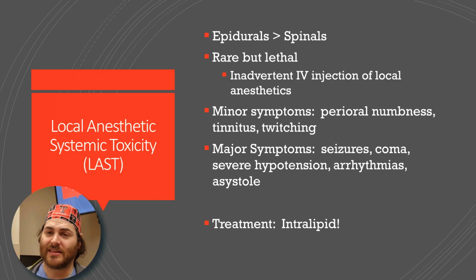So if I inject that test dose and a patient immediately says they have numbness in their lips, a metallic taste in their mouth, their ears ring, or sometimes facial twitching because of different things getting anesthetized, but not completely, that could be an indication.